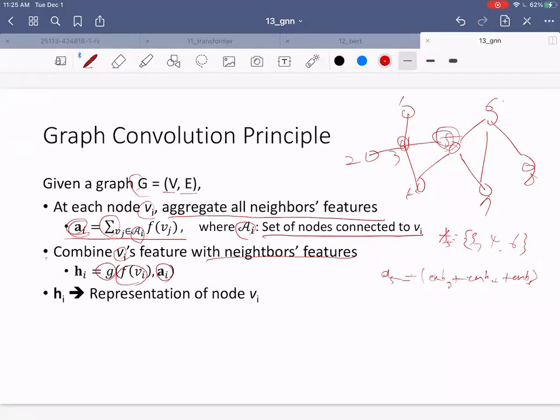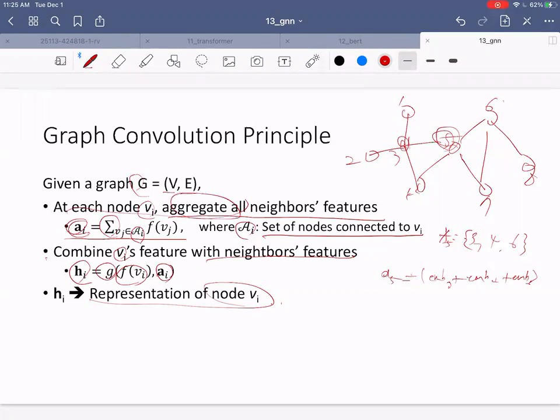It could be a sum function, a max pool function, or a mean pool, average pooling function, whatever. Some combination of features, basically. That's how you get H_i, the node representation of the ith node, a representation of node Vi. That's the essence of graph convolution.